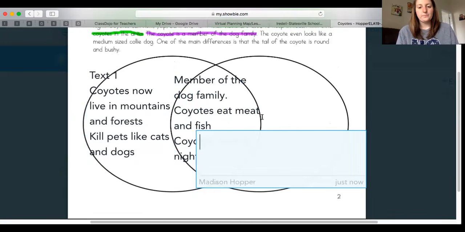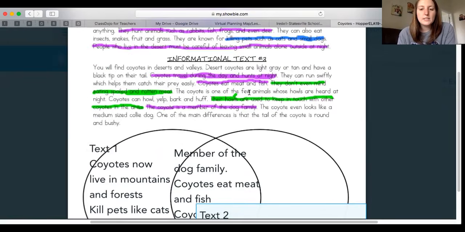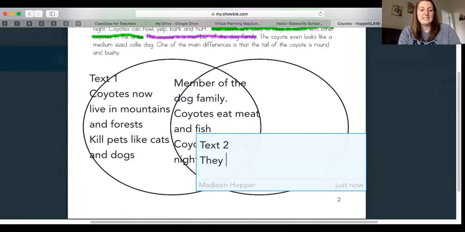In text 2, this is going to be on this side of my chart. I'm looking for what's in green because that was what was different from the first text. So this one, we learned that they don't mind eating rotten meat. So we can write coyotes don't care if the meat is bad.